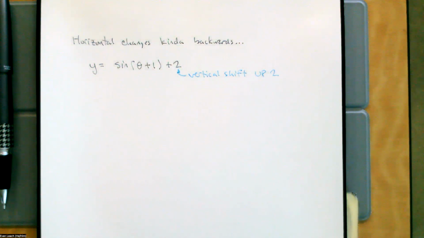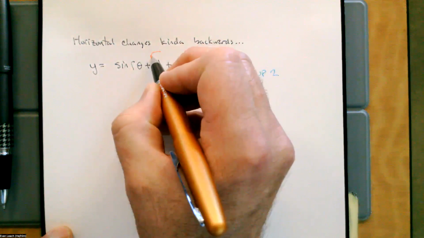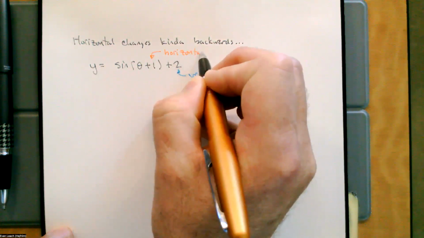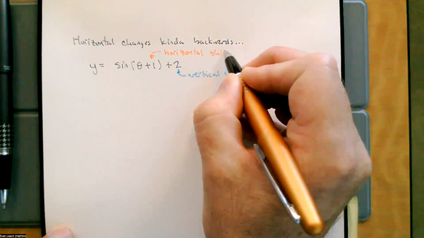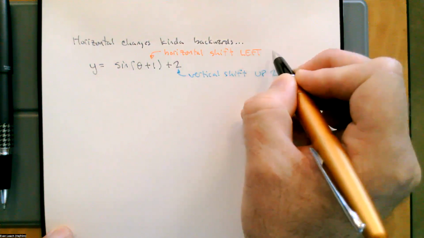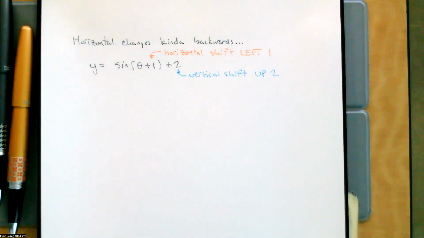But even though it says sine of theta plus 1, that plus 1 represents a horizontal shift because it's addition and it happens before. That's a horizontal shift that goes left 1.